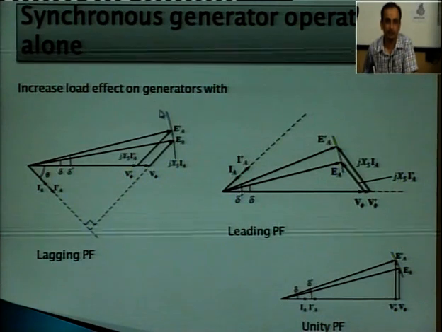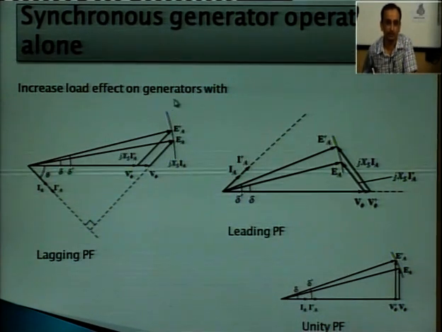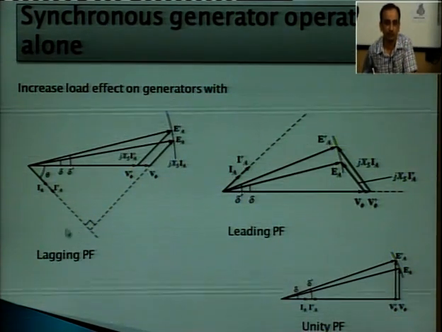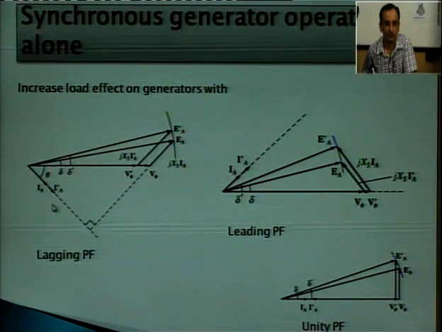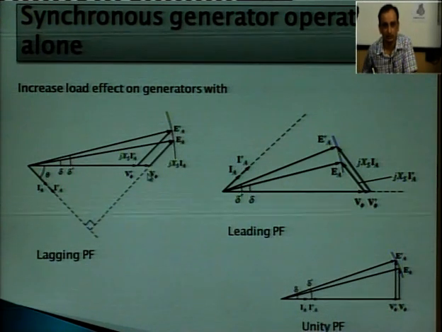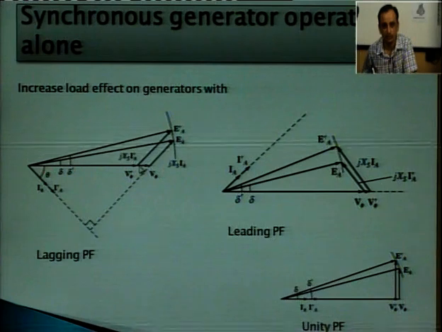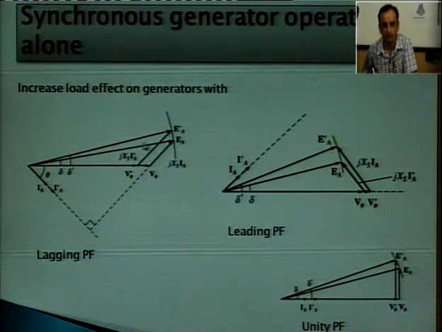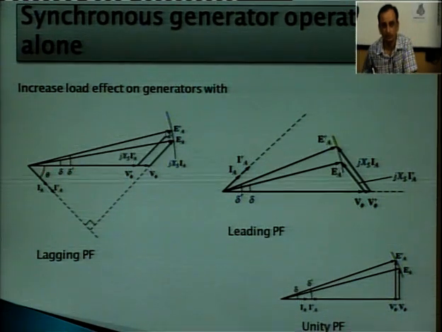So, there we can see that the terminal voltage can be easily calculated. Here we can see this effect when it is operating in isolation for different power factors. If the current is lagging in nature, we increase this current IA to IA dash. As a result, we can see that this voltage changes to this value.